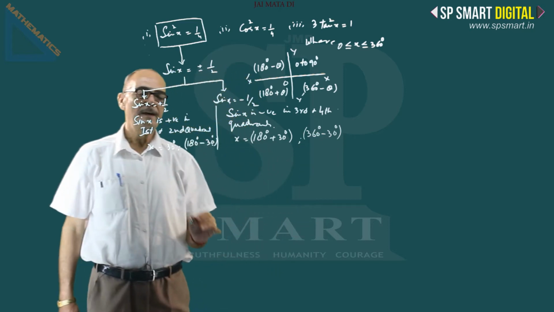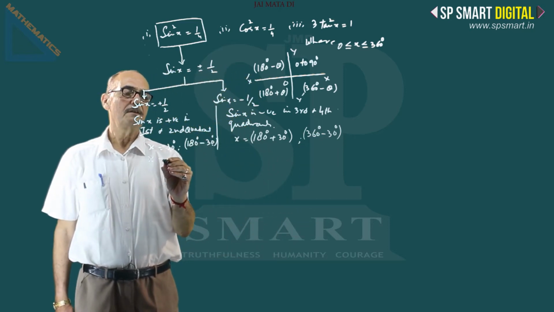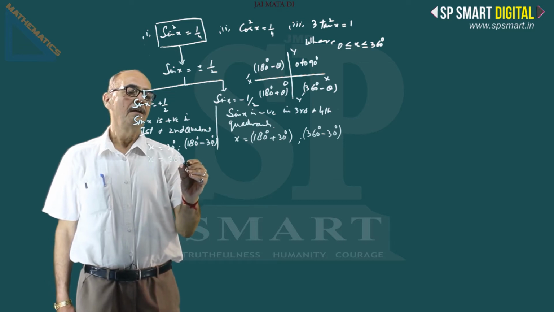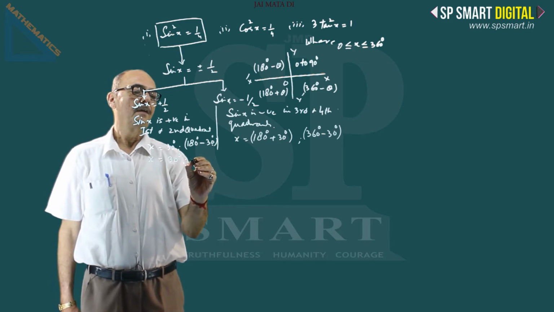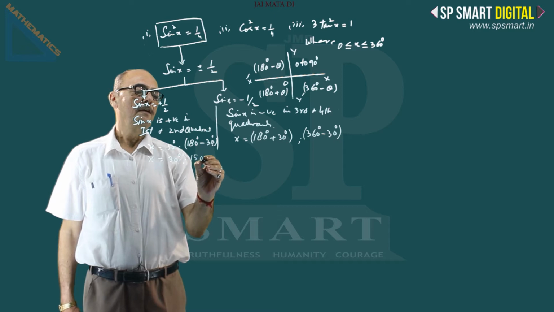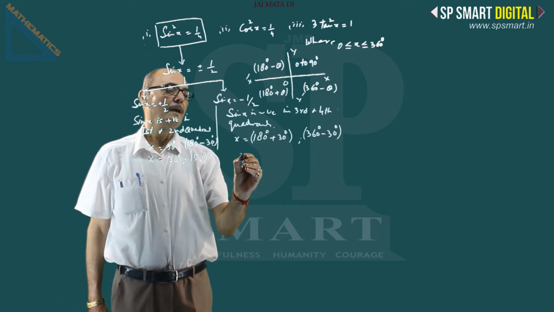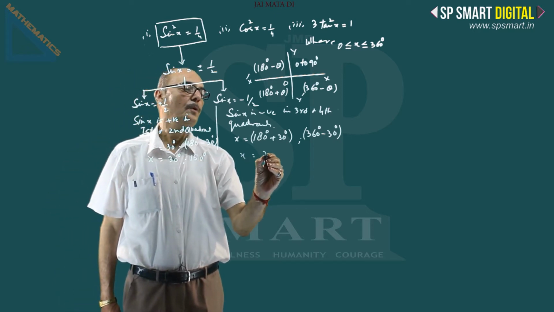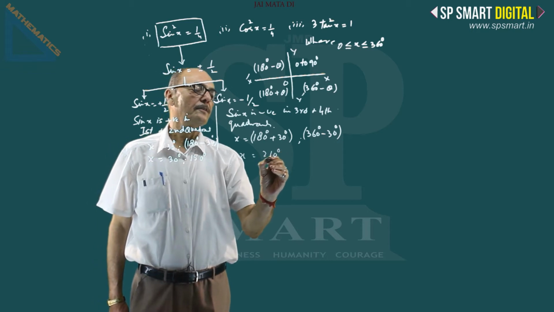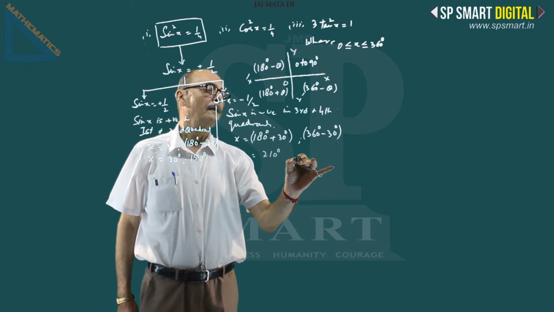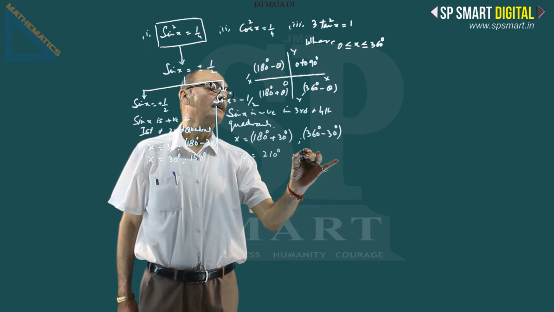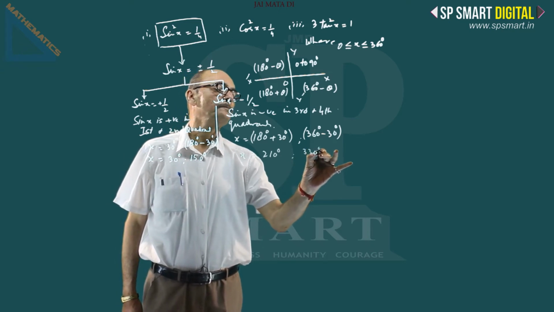And if we simplify, it comes out to be x equal to 30 degree, 150 degrees, here x equal to 210 degrees, and here it is 330 degrees.